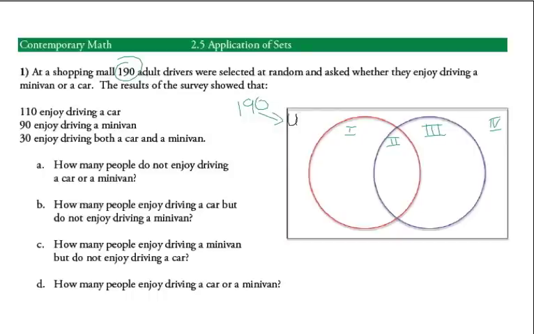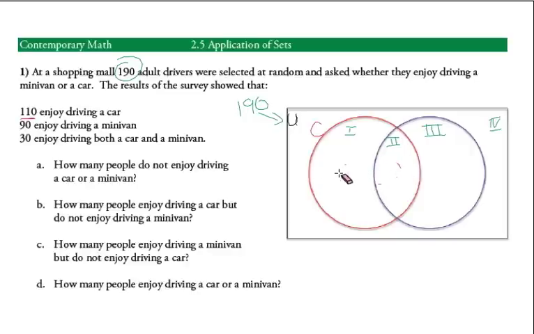Now, our first part here says 110 enjoy driving a car. So we'll just call this the car set right here, so here in red. So what that 110 means is the sum of all of these, this entire circle, we need to have 110 people represented. But there are two regions that make that up.